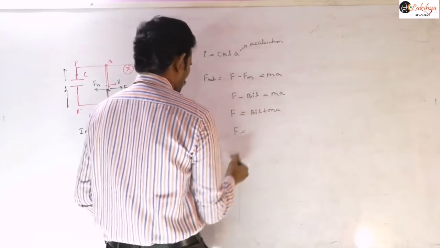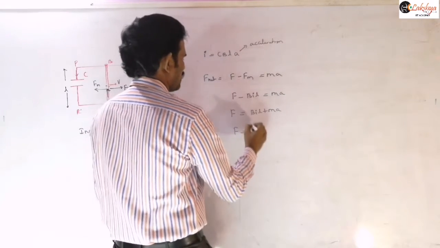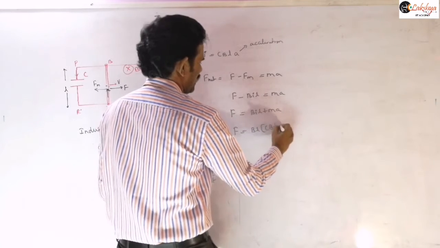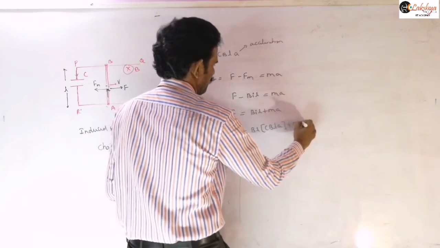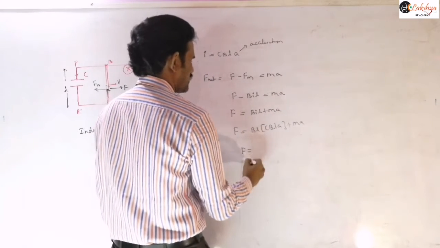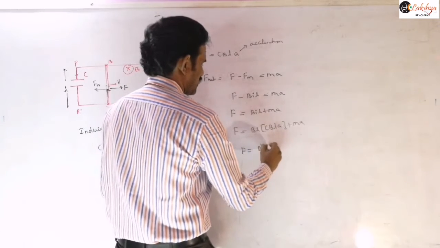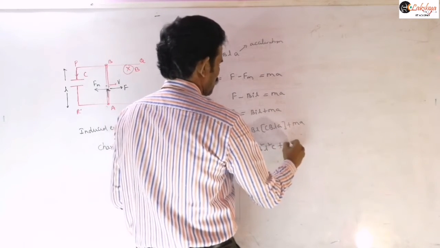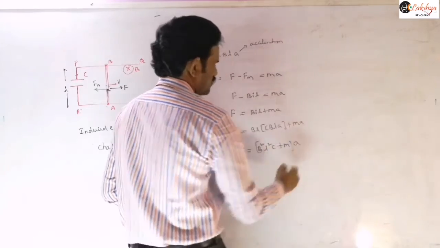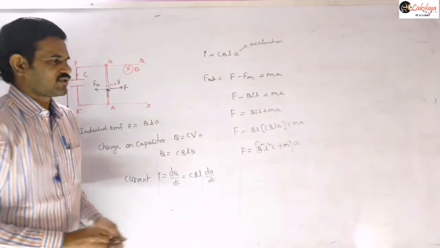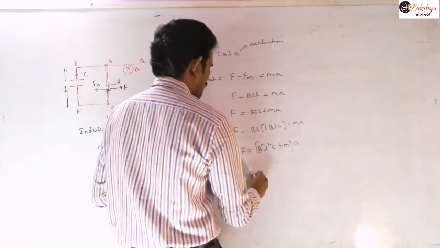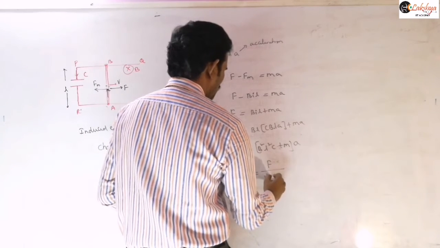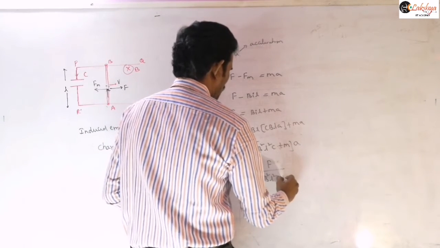And this I value we can substitute by using this equation here. So BL into CBLa plus ma. And therefore F is equal to B square L square into C plus m, into a. So we need the acceleration of the rod here. Therefore the acceleration of the rod you can write as a is equal to F by B square L square C plus m.